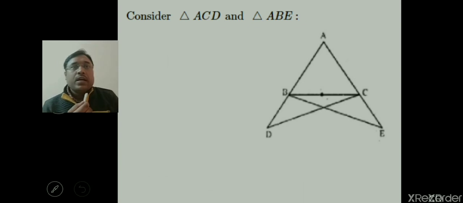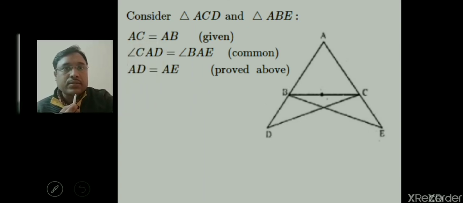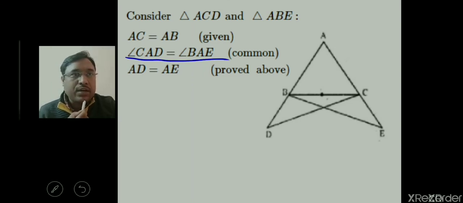Then consider triangle ACD and triangle ABE. These two triangles you have to prove congruent. Then you may write that AC equals AB, they are equal already. Angle CAD and angle BAE, you can see these two angles are equal because they are common.